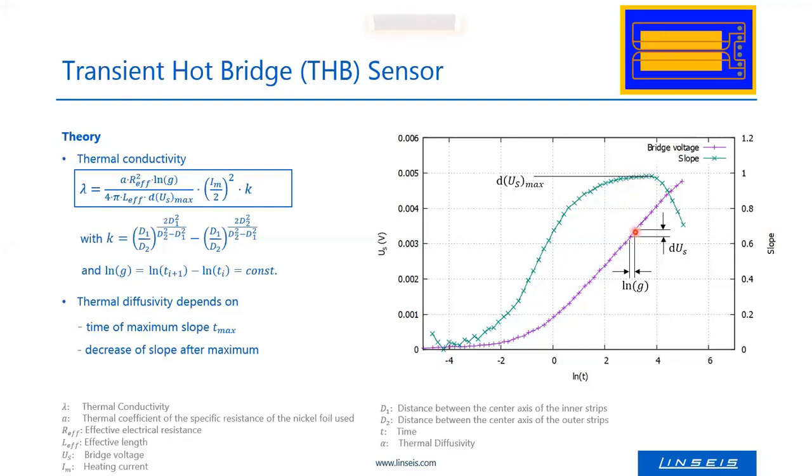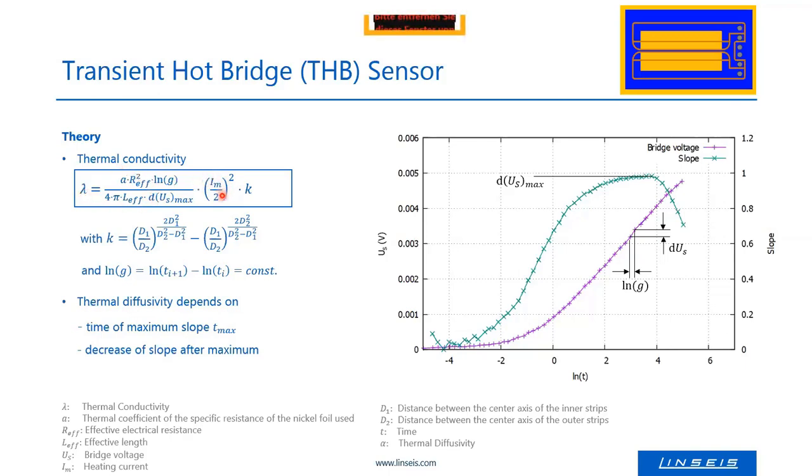At the maximum we have the inflection point, and the slope is calculated by the delta of the bridge voltage divided by the delta of the logarithmic time between here and here. It's dU divided by the logarithm of the time, but it's reciprocal, so it's inversely proportional to the thermal conductivity.